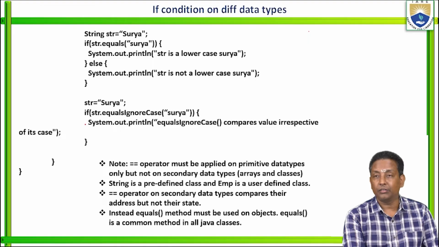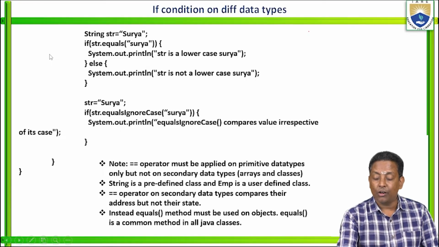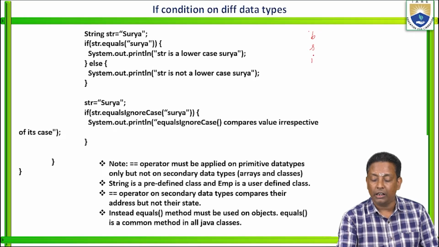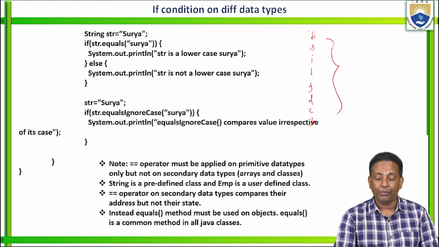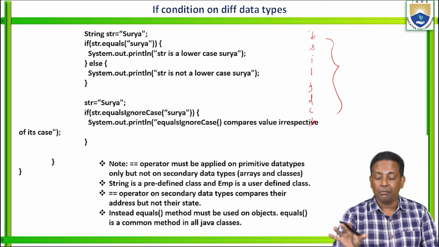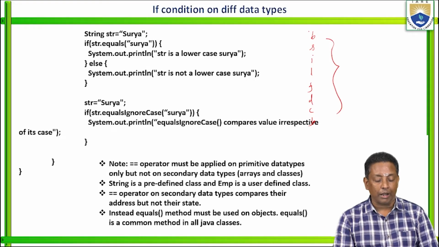Remember, in Java only primitive members can be compared with the equal to operator. What are the primitive types? Byte, short, int, long, float, double, char, boolean. All these 8 primitive data type variables or values can be compared with the equal to operator, but not non-primitive data type variables.